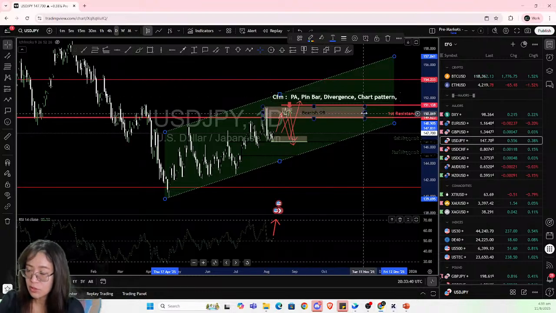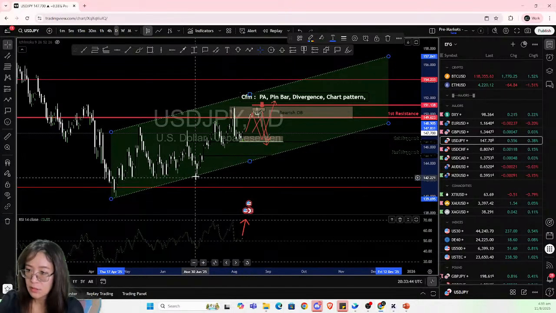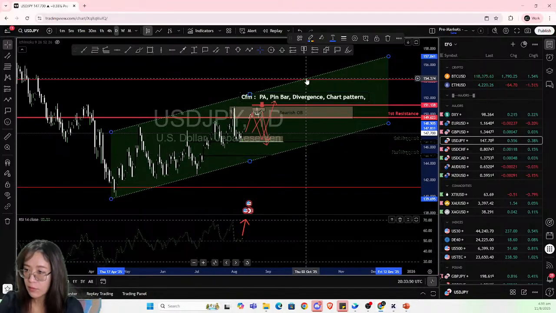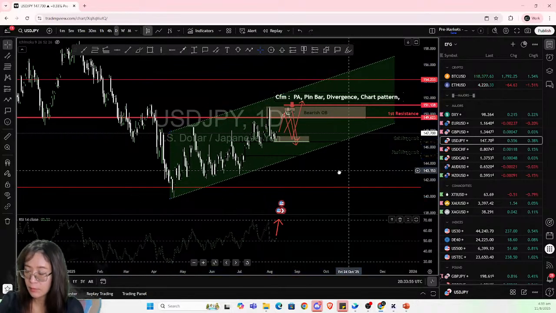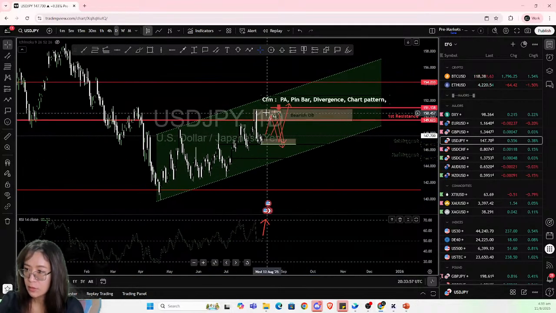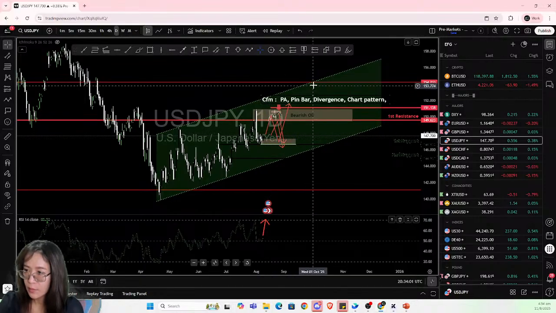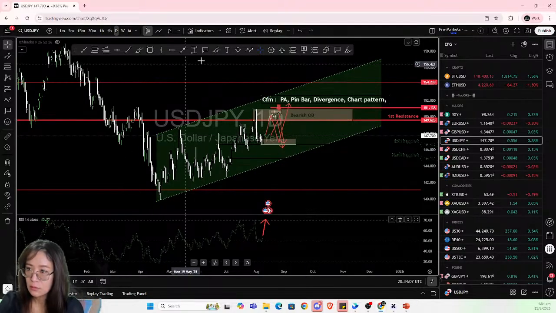This one we trade based on the order block here, but if you want to buy at below here, you could hold all the way up to this level. If you want to buy, follow the bullish channel, you can wait for price to pull back somewhere around here, and then you buy up, and this is going to be the next resistance level within a channel.